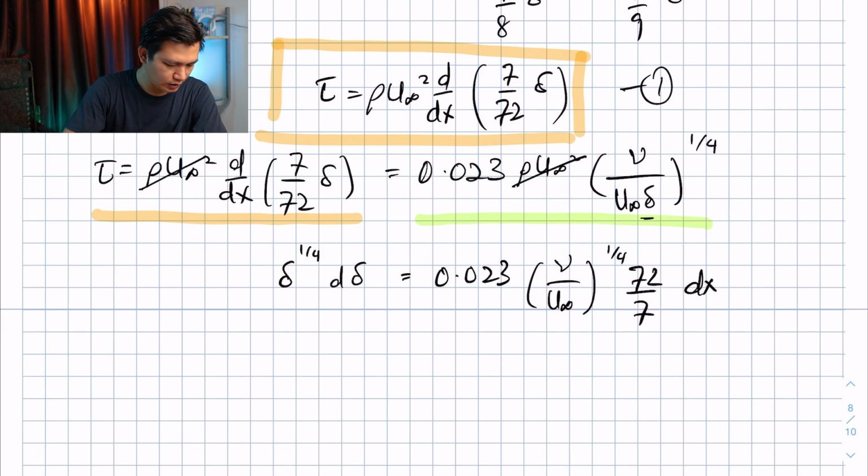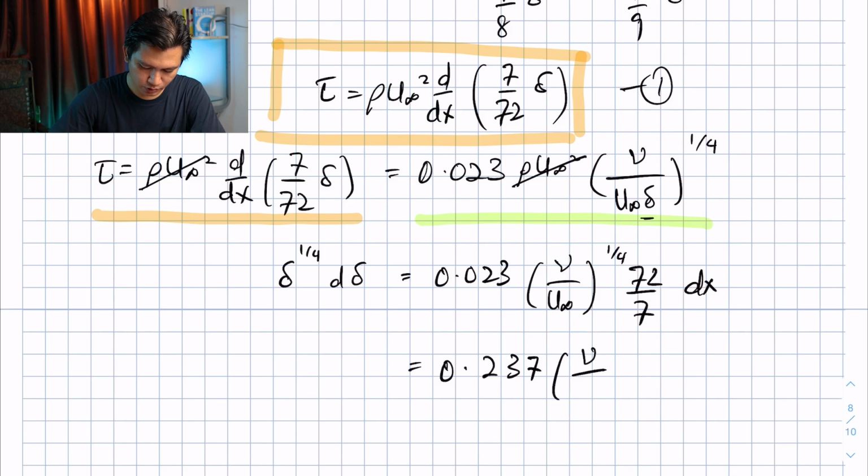Okay, and you're going to end up with 7 times 72. This is 0.237 nu over u infinity 1 over 4 dx. Okay, and this is equal to del to the power of 1 over 4 d del.